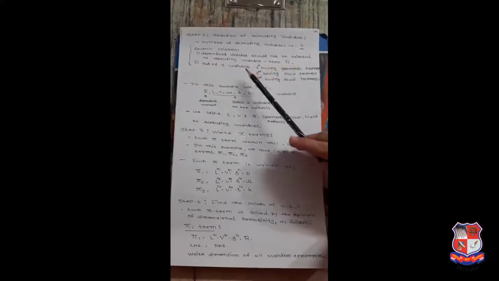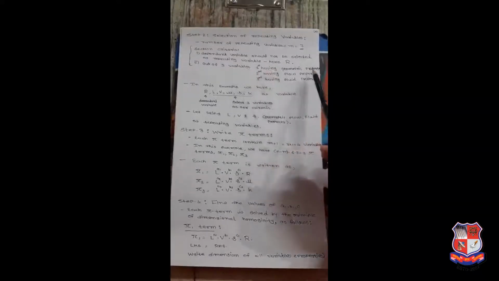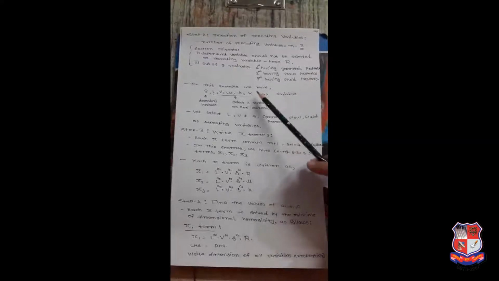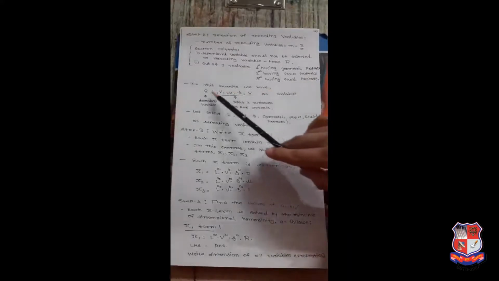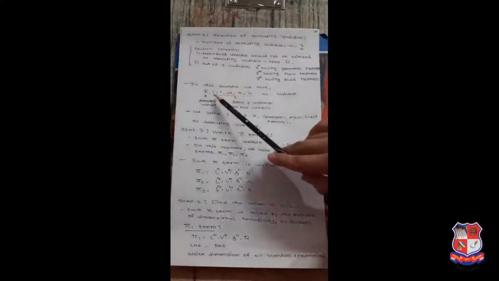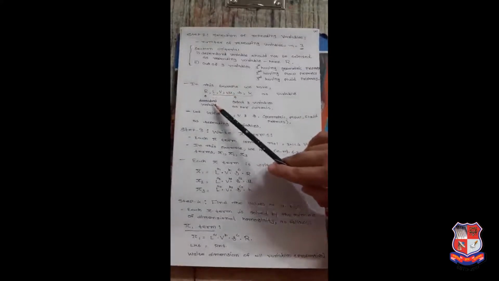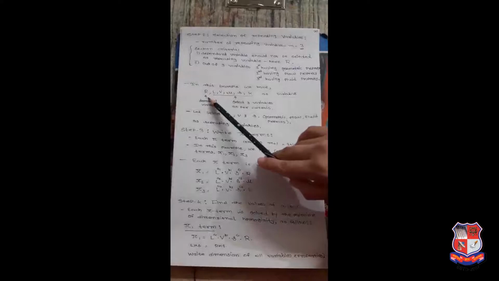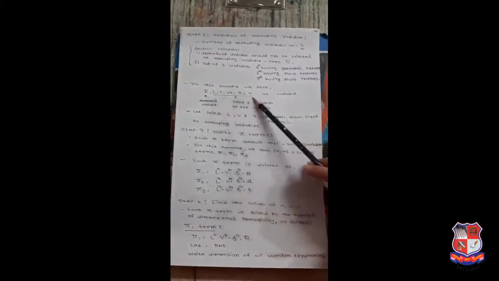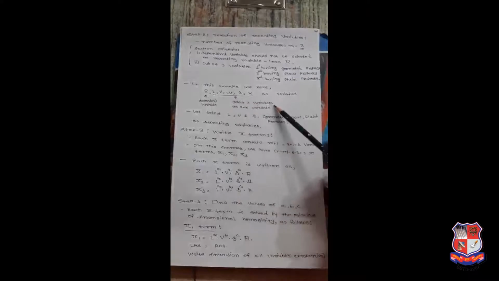Out of 3 variables, one has geometric property, second has flow property, and third has fluid property. So in this example we have these variables in which R is the dependent variable, should not be selected as a repeating variable. So out of these 5, 3 should be selected as repeating variables.